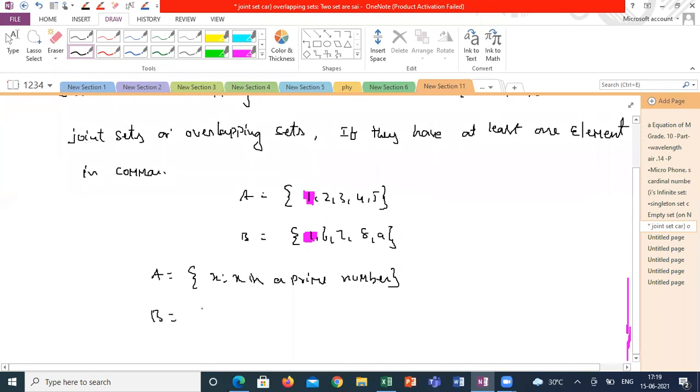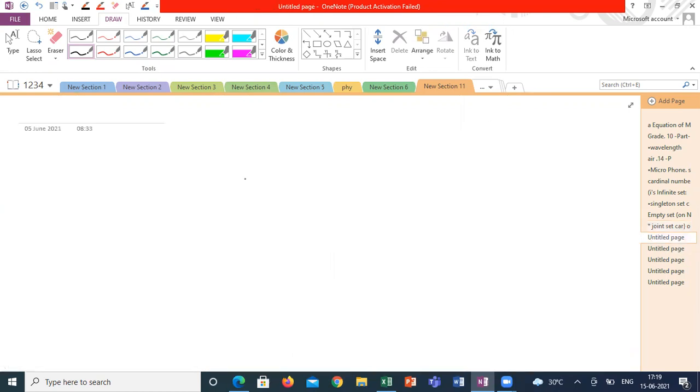B is x such that x is an even number. So at least 2 is common in both, correct? Any other examples for joint sets or overlapping sets?